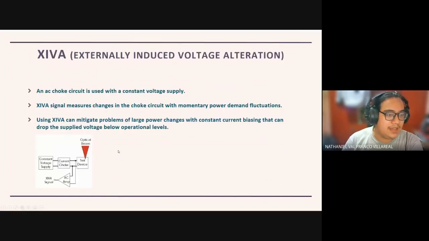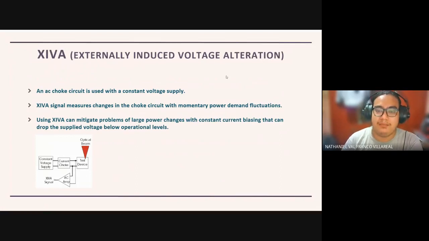Another type of fault localization technique is external localization based techniques. The first one is externally induced voltage alteration, or XIVA. Here, an AC choke circuit is used with a constant voltage supply. The XIVA signal measures change in the choke circuit from momentary power demand fluctuations.